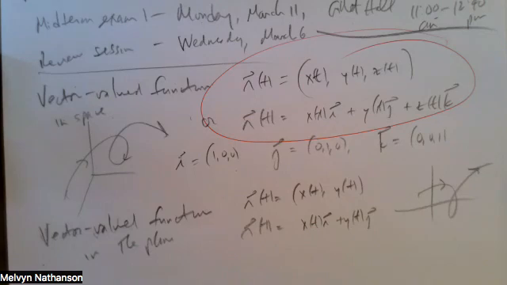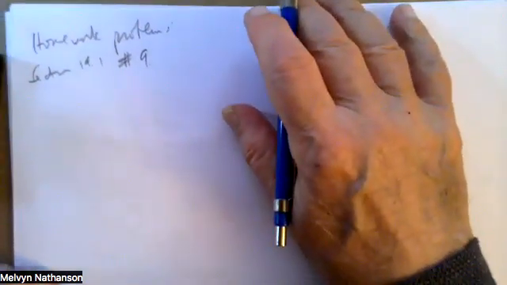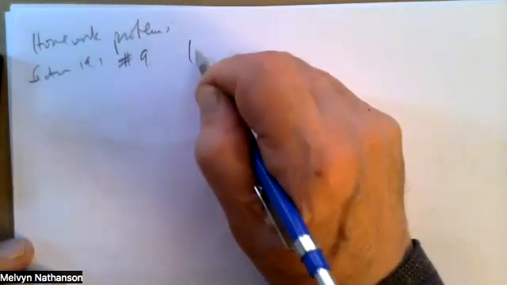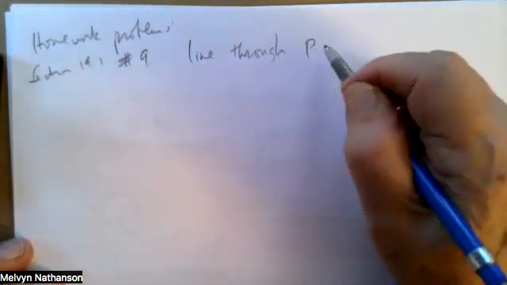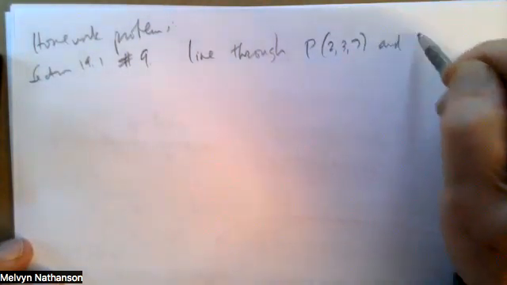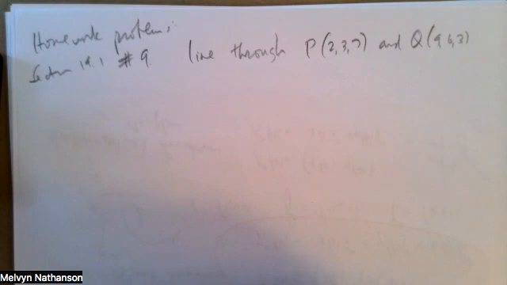In section 14.1, number 9, find the function R of t that describes the line through the points P and Q. P has coordinates 2, 3, 7, and Q has coordinates 4, 6, 3.